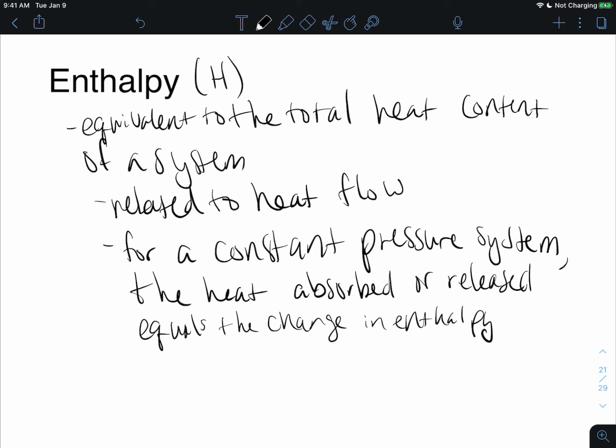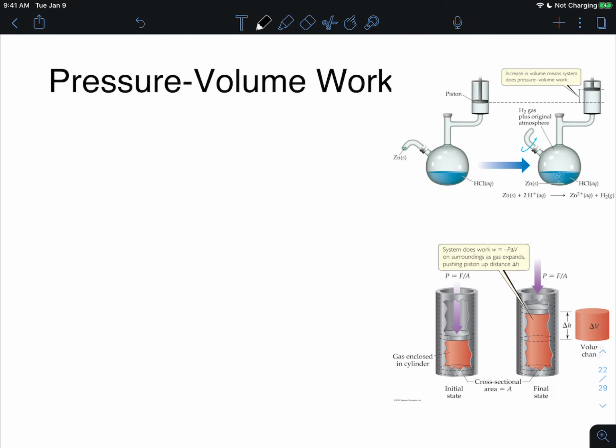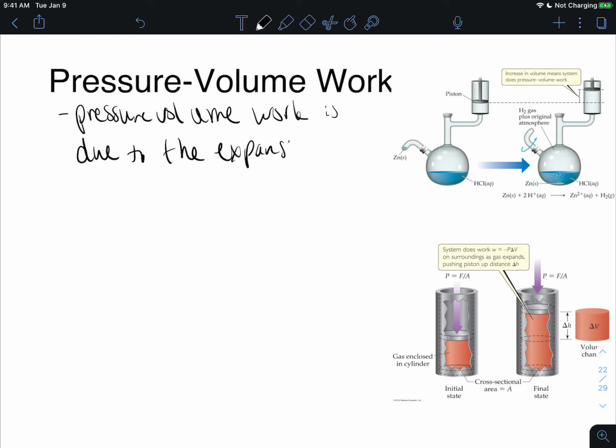Okay. We can solve for our enthalpy by taking our internal energy plus pressure volume work. Pressure volume work, we're going to be thinking about what is going on with a gas. So pressure volume work is due to the expansion or contraction of a gas.